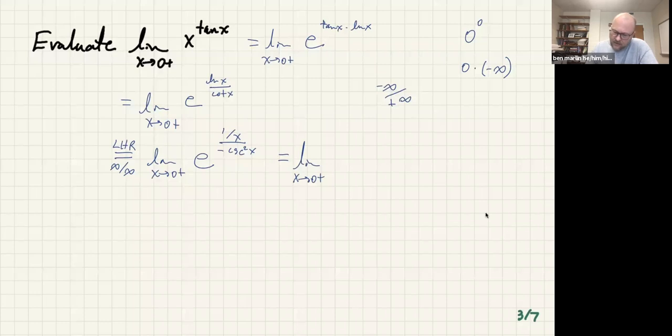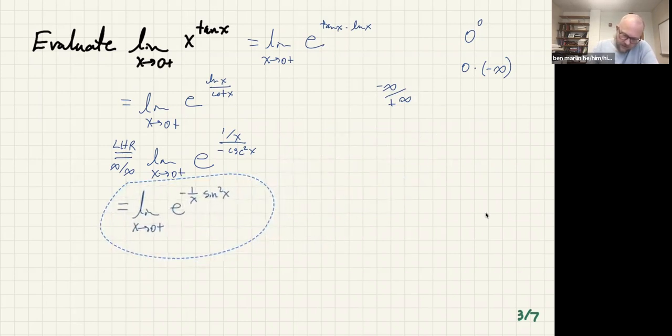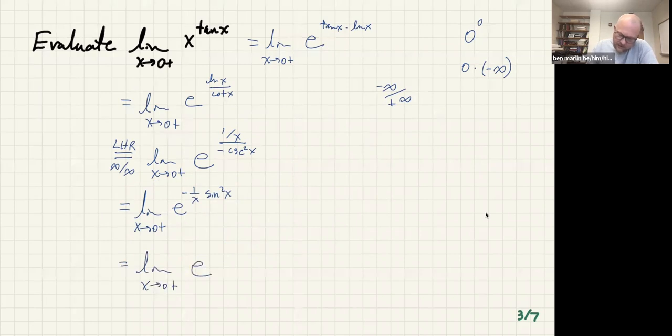So I'm going to have e to the 1 over x, and I'm going to have the minus here. Cosecant is 1 over sine, so this will turn into sine squared x. Maybe I should have put this over here instead. And then that's equal to the limit as x goes to 0 from the right, e to the minus.